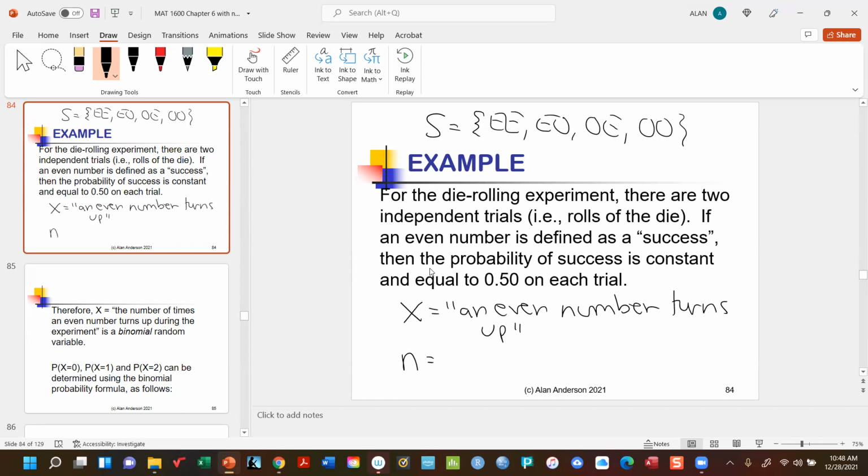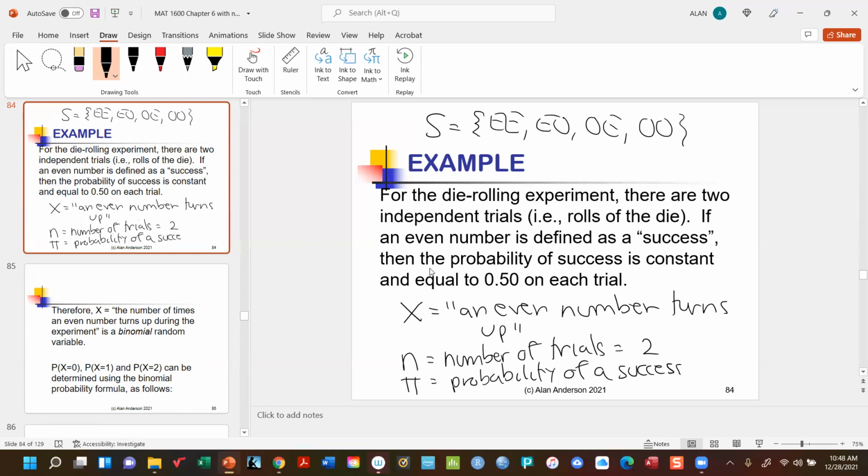N is the number of trials, which is 2. Pi will be designated as the probability of a success, which in this case is defined as evens, and that's going to be 1/2. And that's all we need to know to calculate binomial probabilities.